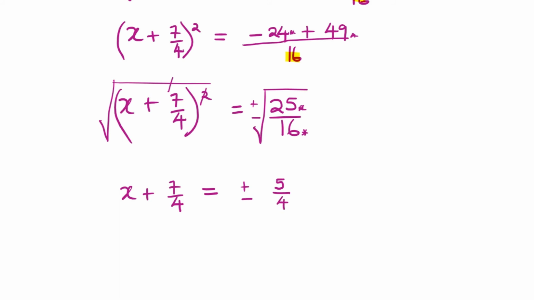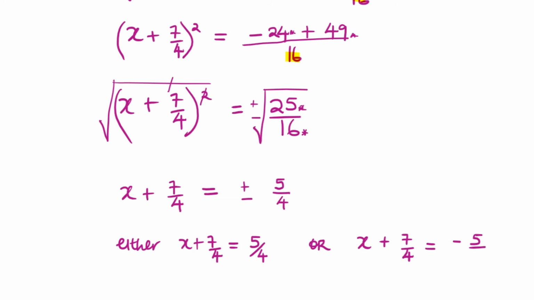From there we have two cases. The first one, either x plus 7 over 4 will be equal to positive 5 over 4, or the other one is x plus 7 over 4 will be equal to negative 5 over 4.